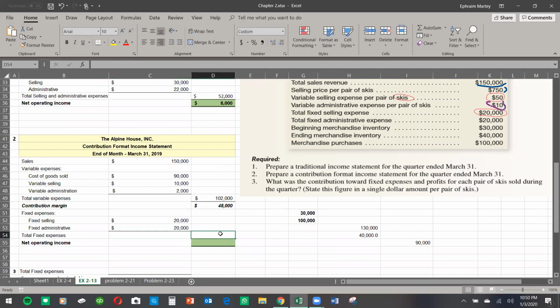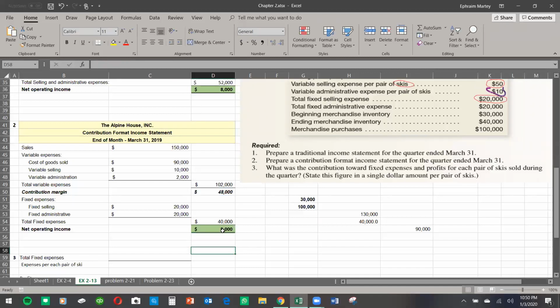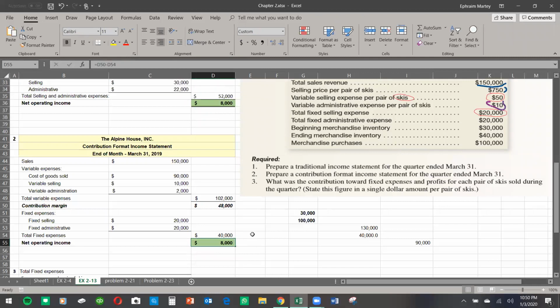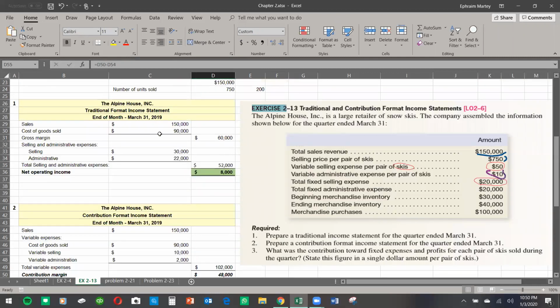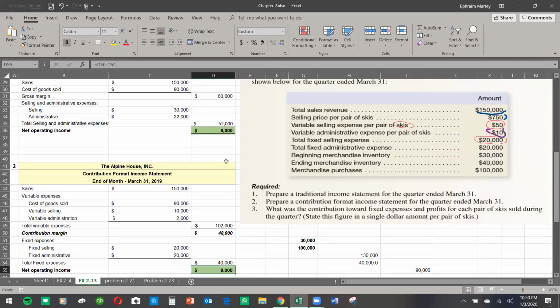Total fixed expenses, we add these two together, will give us 40,000. Now, net operating income, we take the contribution margin and subtract total fixed expenses from it. That will give us 8,000. So according to traditional format and contribution format, we both have net operating income of $8,000 each.